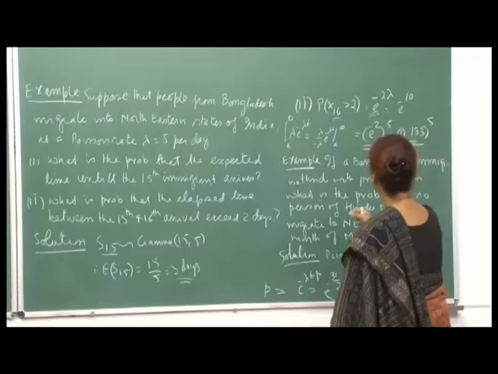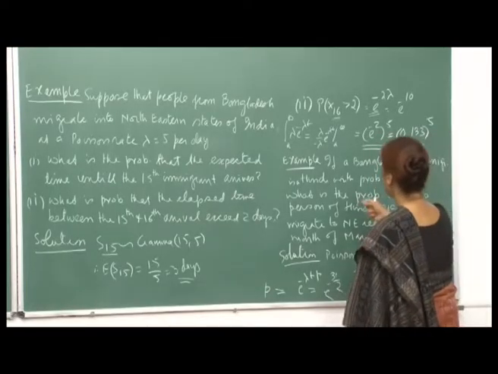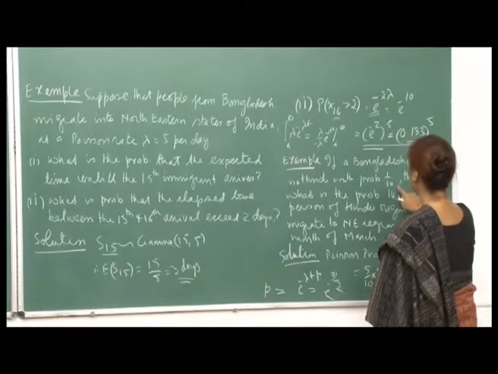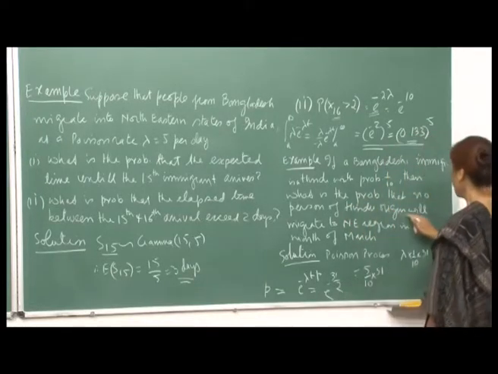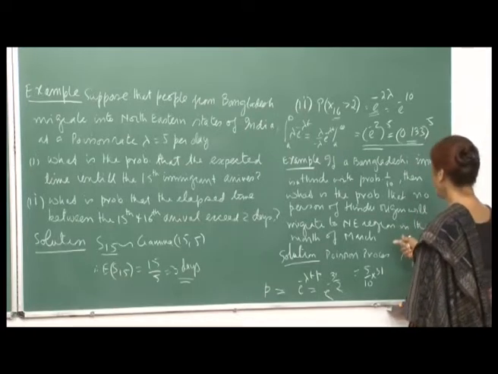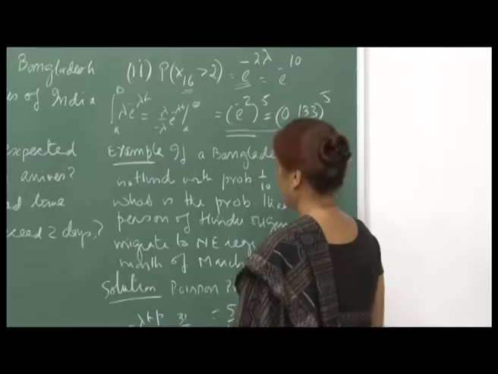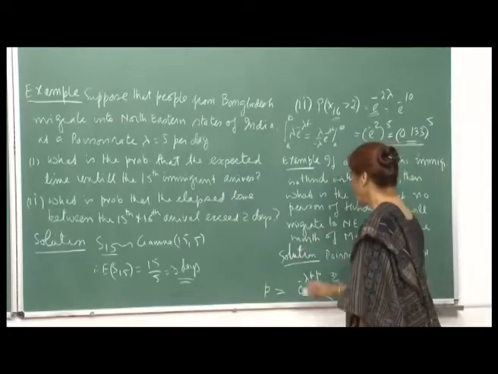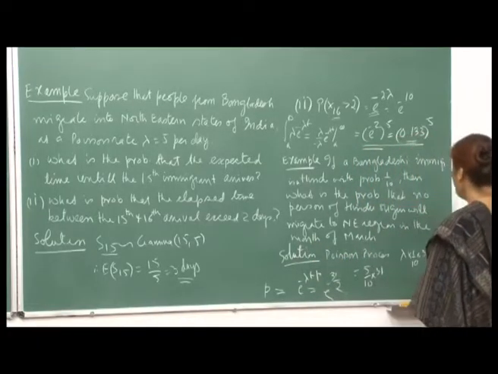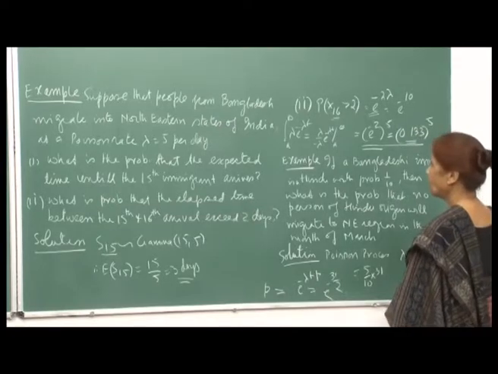now if a Bangladeshi immigrant is a Hindu with probability 1 by 10, then what is the probability that no person of Hindu origin will migrate to the northeastern region in the month of March? Just to show you the use of what we just discussed. So, here that means it is lambda p t.